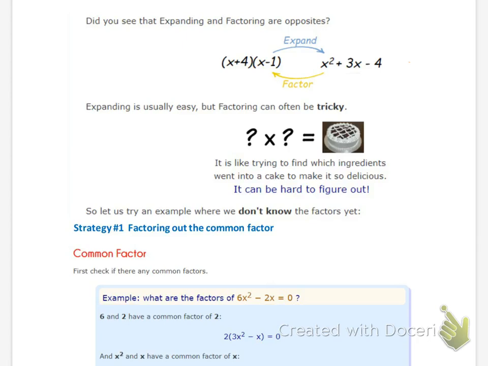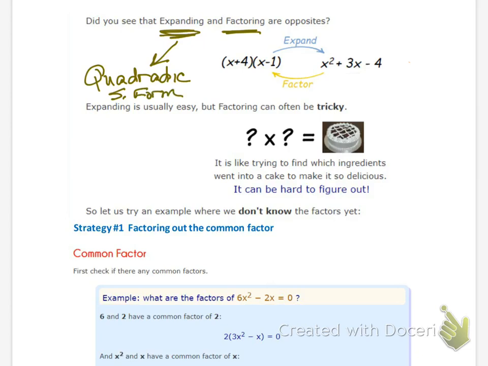Okay, this page is worth talking about for a second because they are showing us the difference between expanding and factoring. So expanding gets you back your quadratic in standard form.